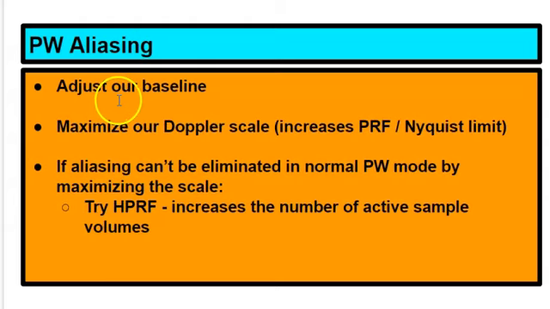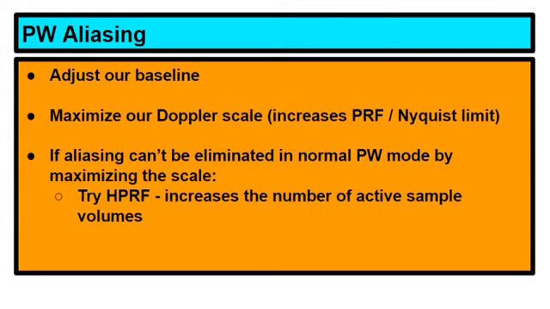So in order to get rid of aliasing, we adjust our baseline and maximize our scale, and that of course will increase our pulse repetition frequency, and therefore our Nyquist limit.